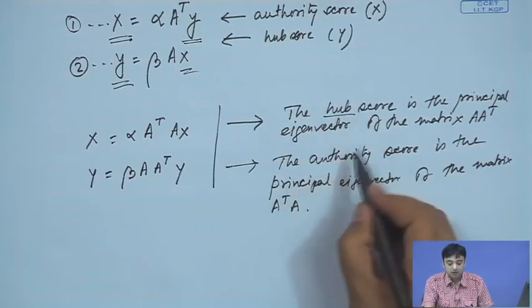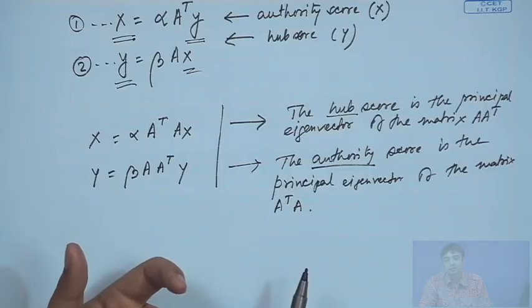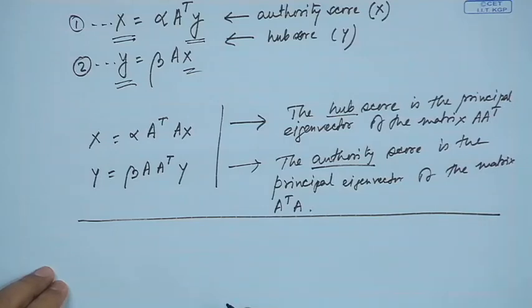So, it is very simple. So, given the adjacency matrix, the directed adjacency matrix, you compute A A transpose and A transpose A. Now, you compute the principal eigenvector of each of these product matrices, and each of them actually represents the hub and the authority scores correspondingly. Okay. So, now given these two values, the steps of the algorithm are very simple, as I have already stated in the slides.